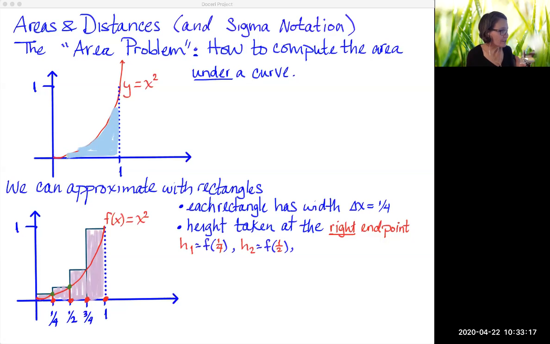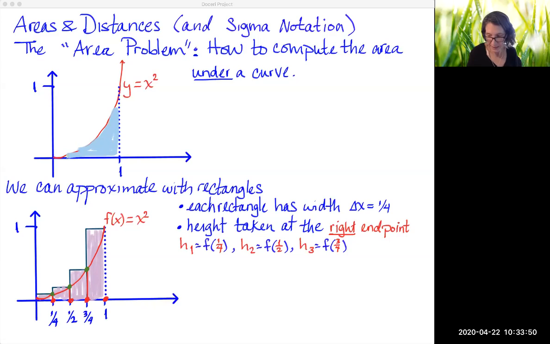So the height of the second rectangle is the y coordinate of that second right endpoint, where x equals 1/2. The height is f of 1/2, the y coordinate on that curve. And then the third rectangle, the height is the y coordinate of the point on the curve where x equals 3/4. And so that's f of 3/4.